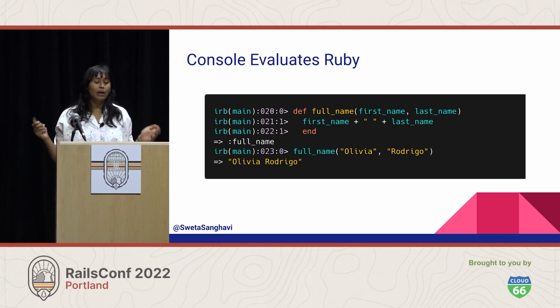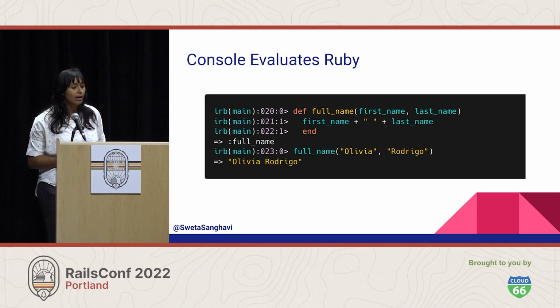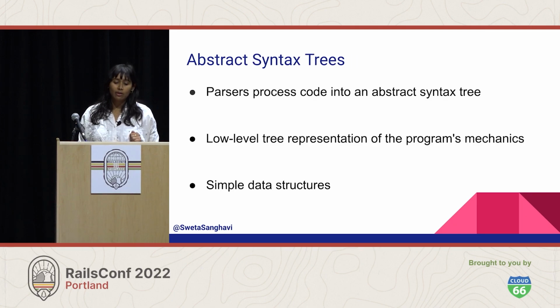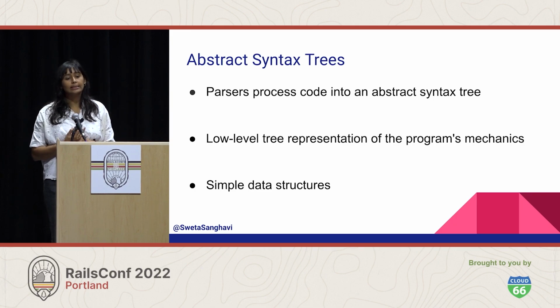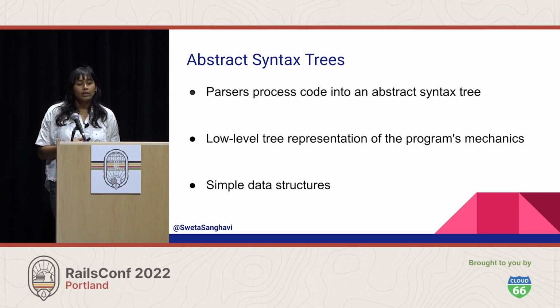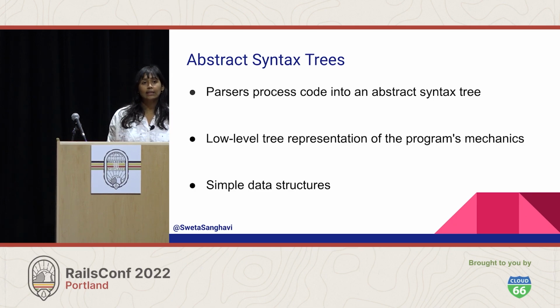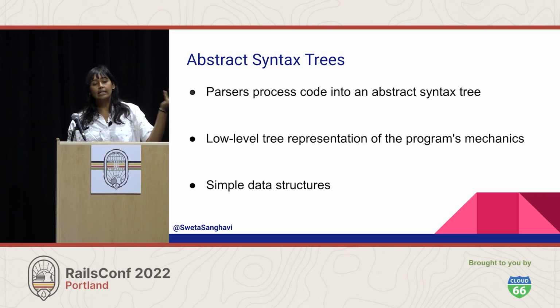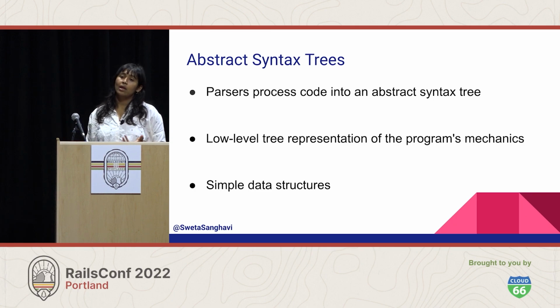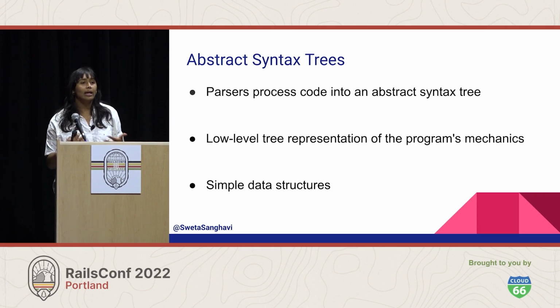Well, before we talk about how that's enabled in Ruby, I want to take a moment to talk about abstract syntax trees. Abstract syntax trees are a low-level representation of a program's mechanics. And so a parser might take Ruby code and translate it to a syntax tree. And parsing it into a lower-level representation allows it to convert from one language to another.